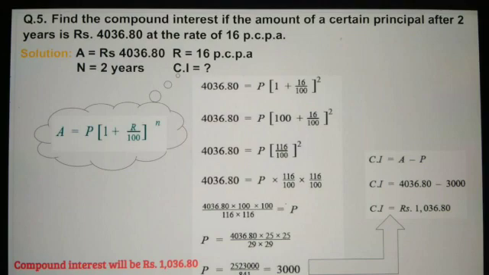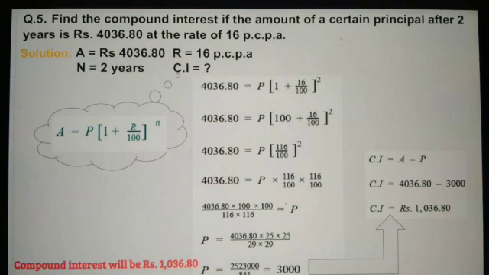So you have to find out principal when amount is rupees 4,036.80. Your rate is 16%. Number of years is 2 years. And you have to find out principal and compound interest. So first you are going to write down the formula, that is A = P(1 + R/100)^N.